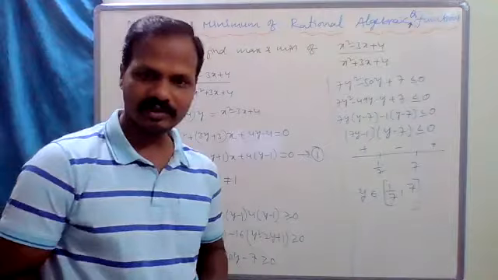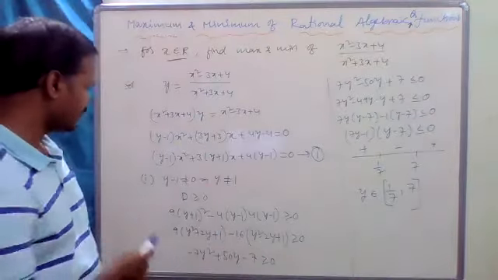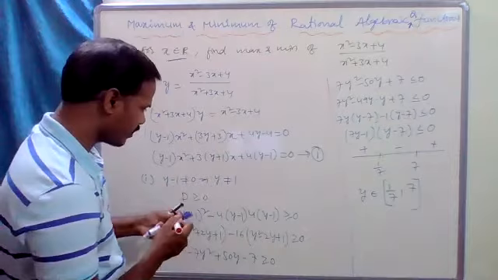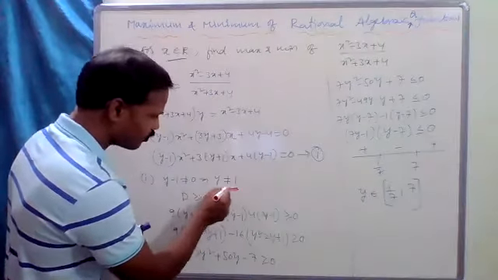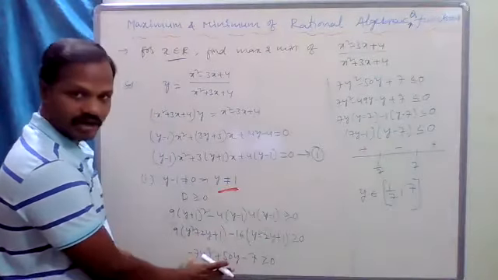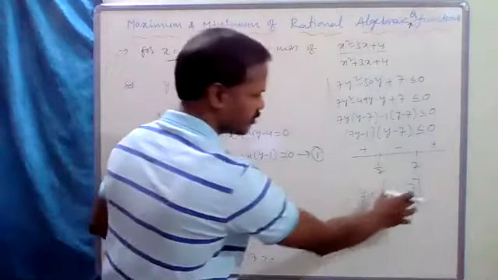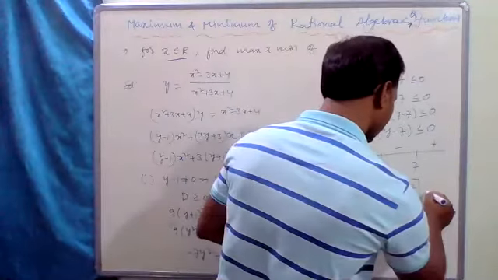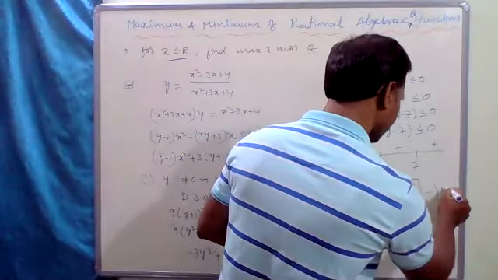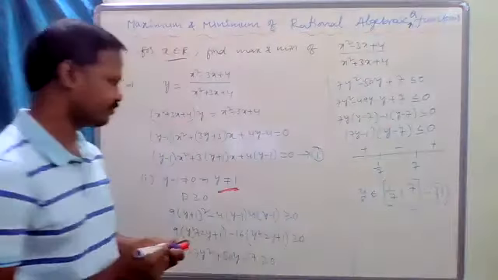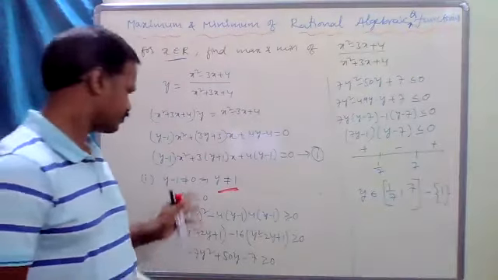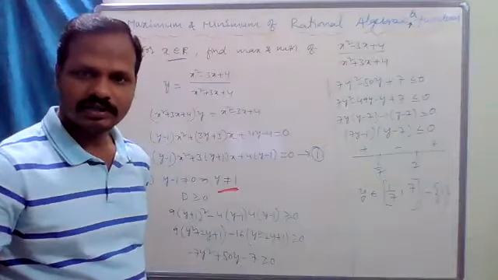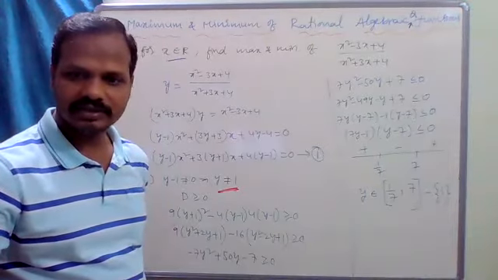But here what is the condition? y is not equal to 1. Remember, y is not equal to 1. Then we got this solution. That means you have to subtract the 1. Is it over or is there still more to the solution?